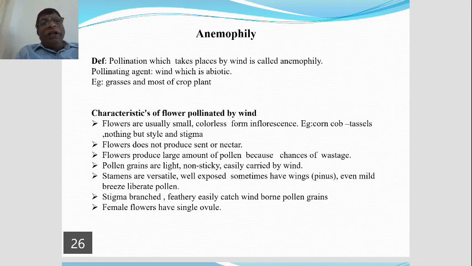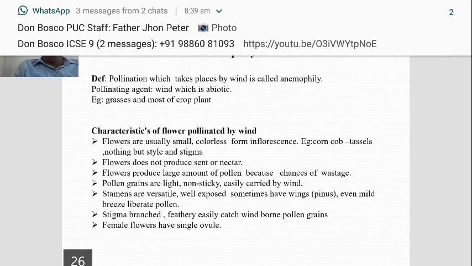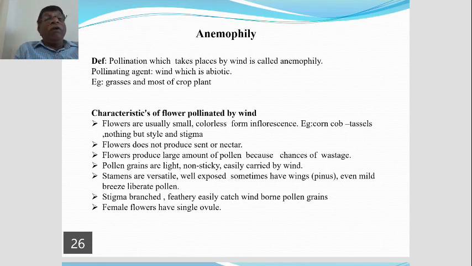A small group of plants, I told you, take part. Say grasses. You know grasses. And most of our crop plants, the crops we grow, like bajra, sajje, ragi, finger millet, jowar, pearl millet, foxtail, navane.